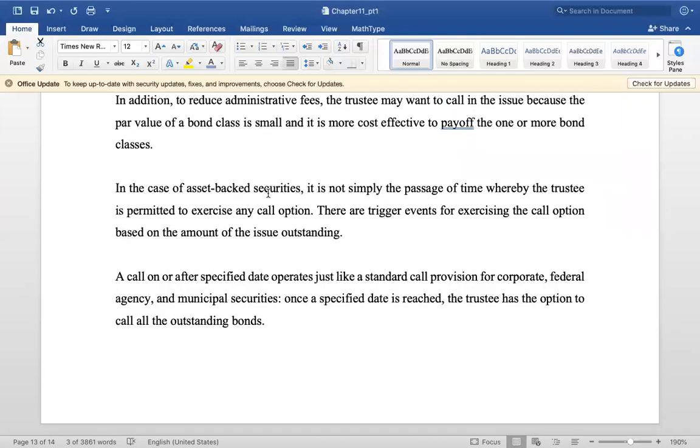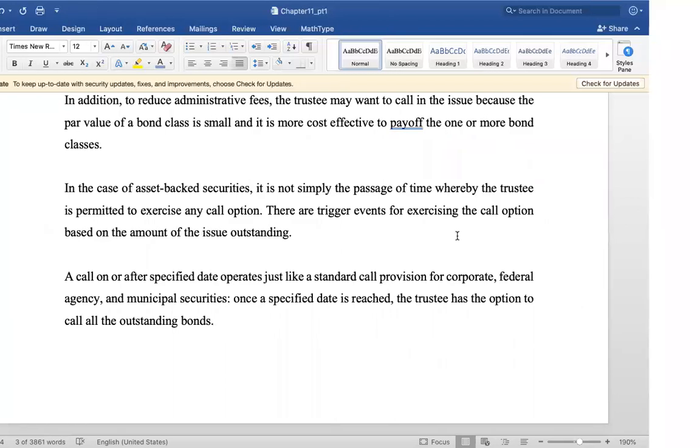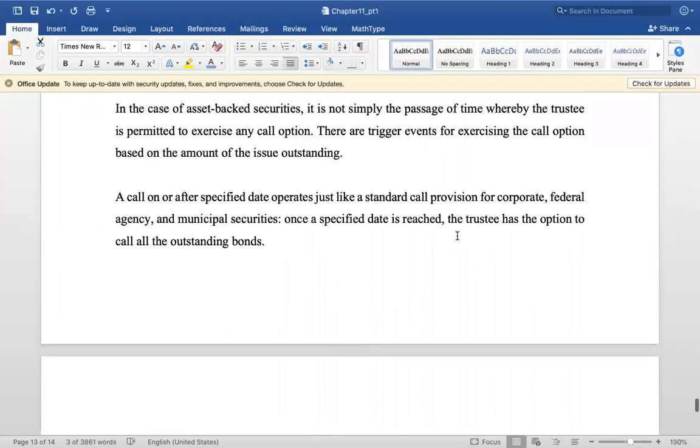In the case of asset-backed securities, it is not simply the passage of time whereby the trustee is permitted to exercise any call option. There are trigger events for exercising a call option as well, right? A call on or after a specified date operates just like a standard call provision for corporate, federal agency, and other bonds we have discussed.